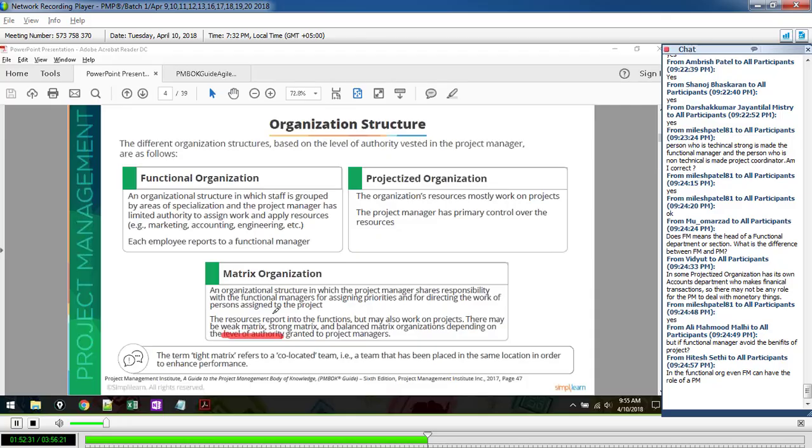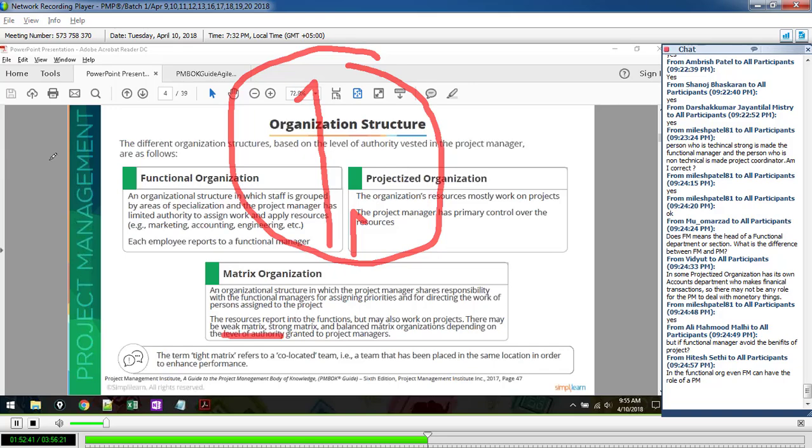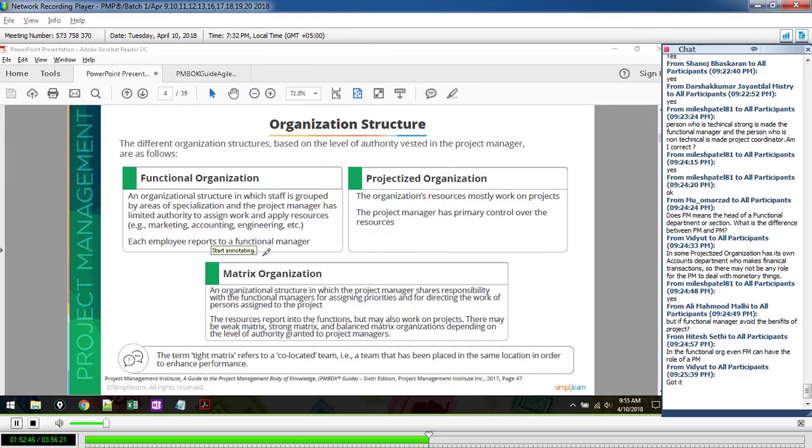Weak matrix means I'm highly functional, but there is some project management structure, and that's primarily where internal projects are. There is a model that says balanced, okay? In balanced matrix, the functional manager and the project manager have equal authority. And we'll talk more about that later.